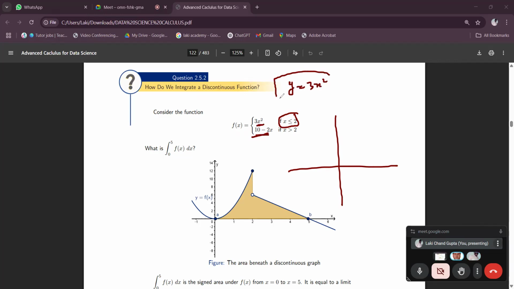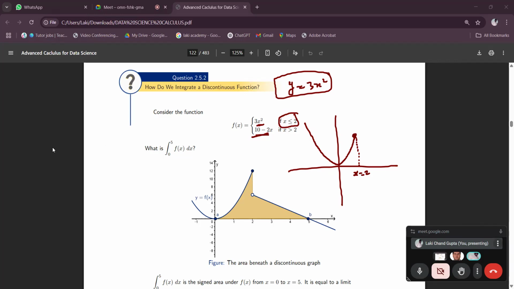And you know this is a parabola. Let's suppose this is 2. When the value of x is less than or equal to 2, this is a parabola.